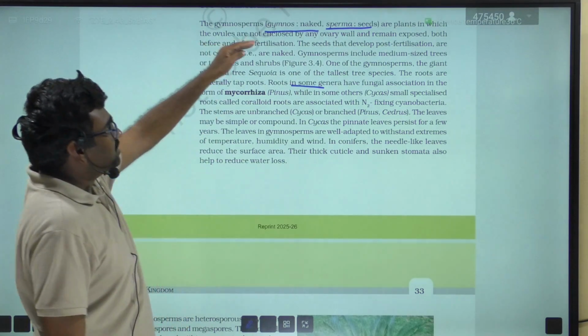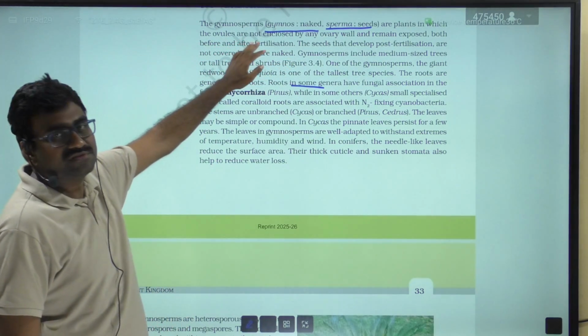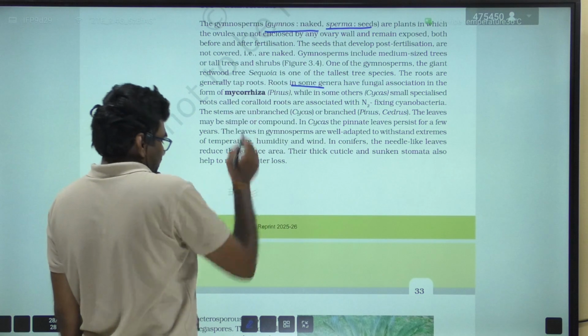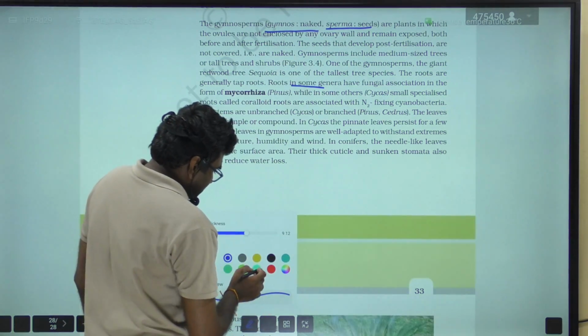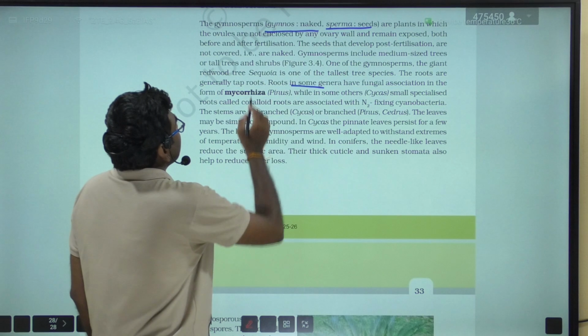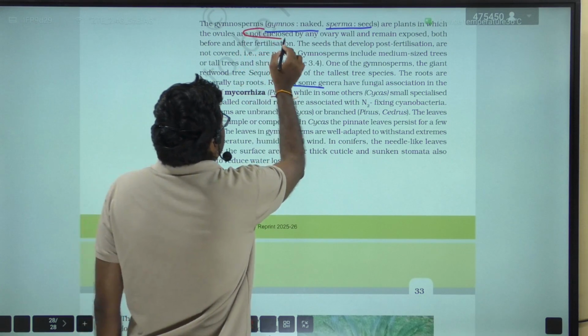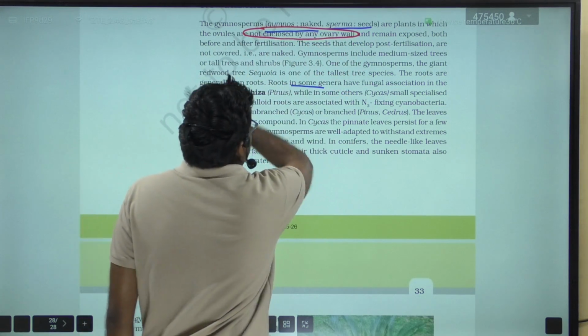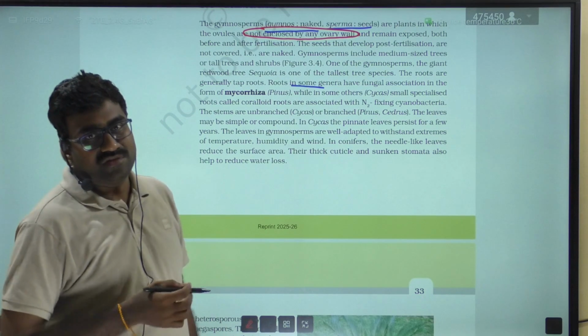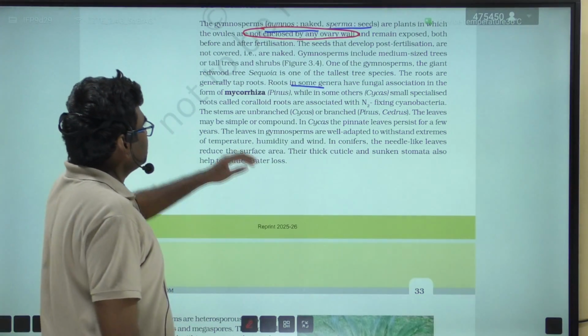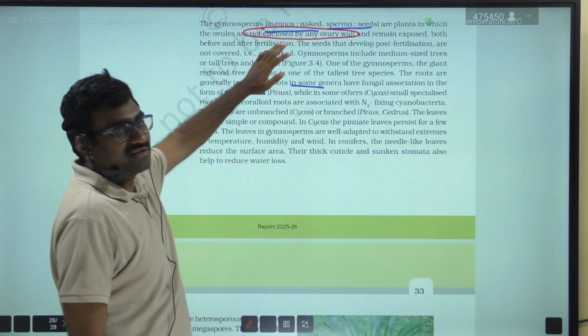Gymnosperms are plants in which the ovules are not enclosed by any ovary wall and remain exposed both before and after fertilization.